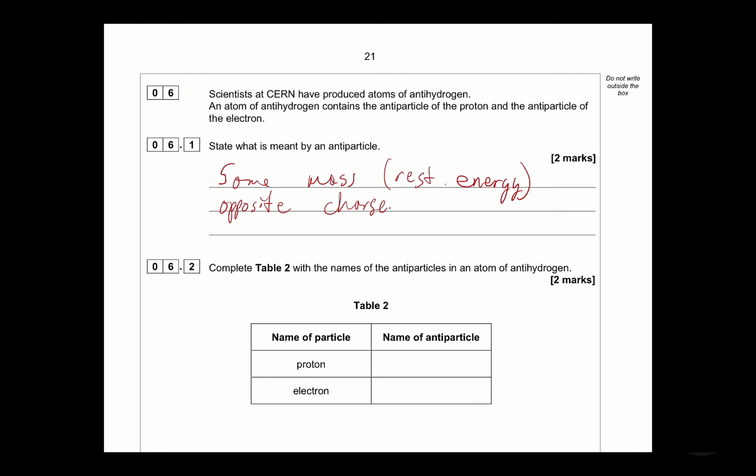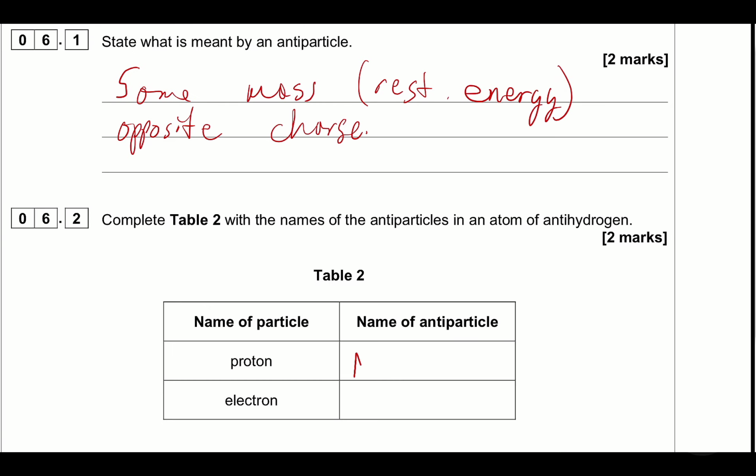Okay, now this leads into question 2. Complete the names. Well, for a proton, it's really easy, very creatively named: antiproton. And an electron actually has a better name, a positron, or an anti-electron.